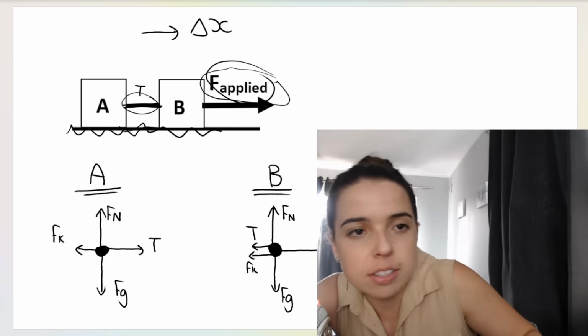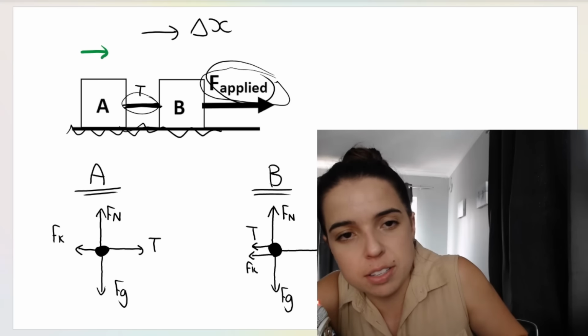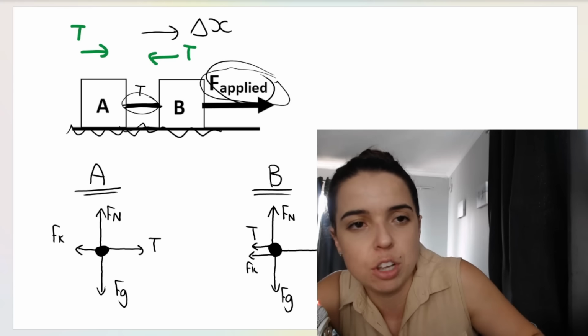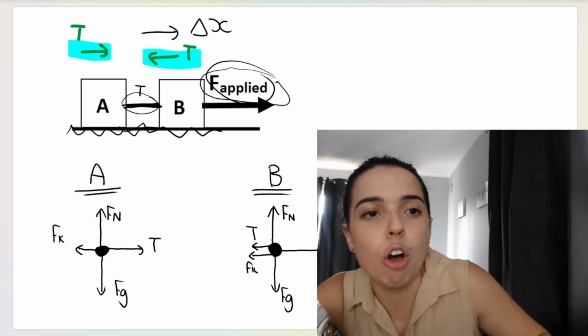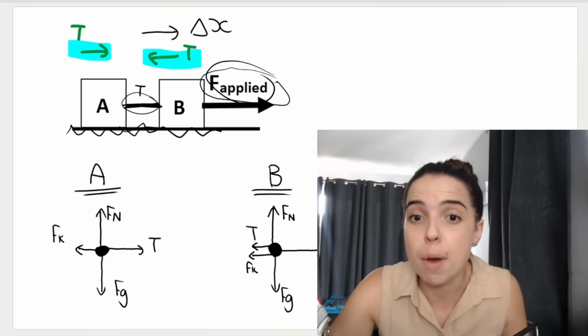Another way to remember this is the tension goes in opposite directions. So A will experience a tension to the right, B will experience a tension to the left. Those two tension forces are the same, which is why I can label both of them T, because they are the exact same force.